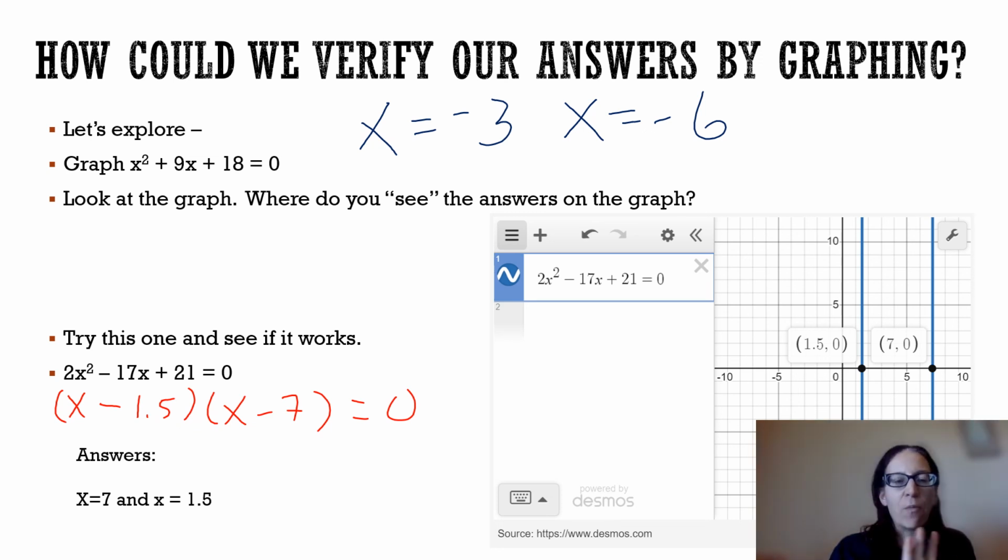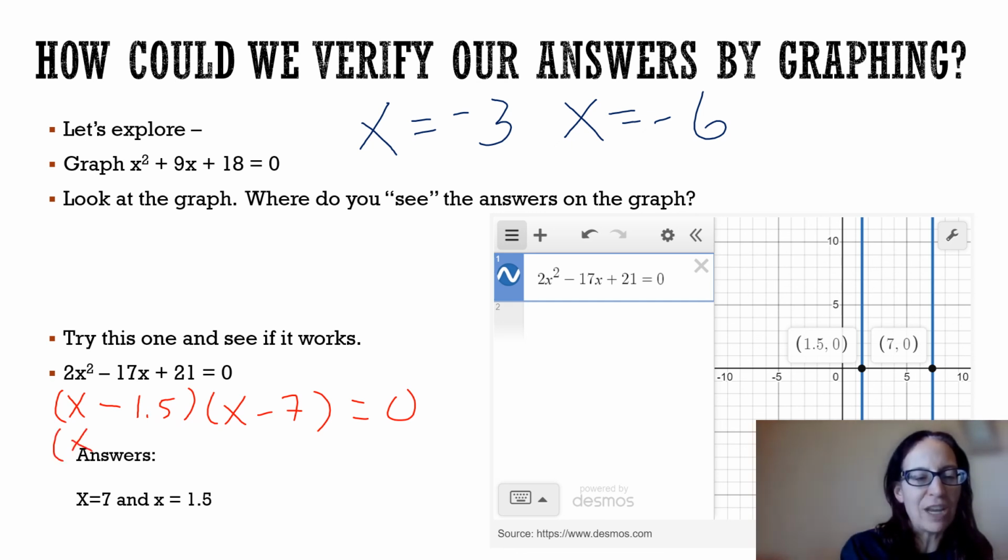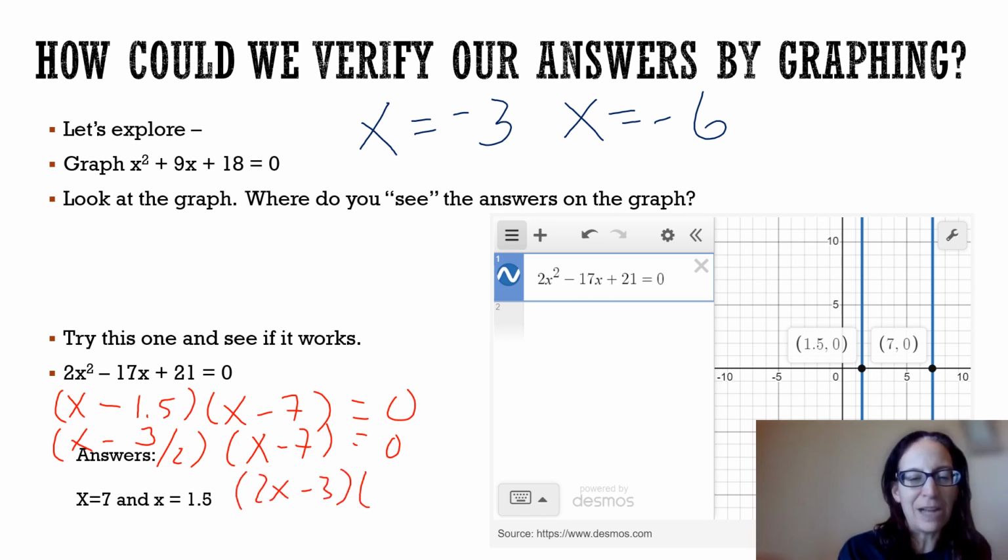But what you might have trouble with here is that we have never factored something that gave us a decimal, so that is not how you would answer that. Just for fun, you would have to change it to a fraction, 3/2, and then figure out that's dividing by 2, so you would tweak it and multiply by 2.